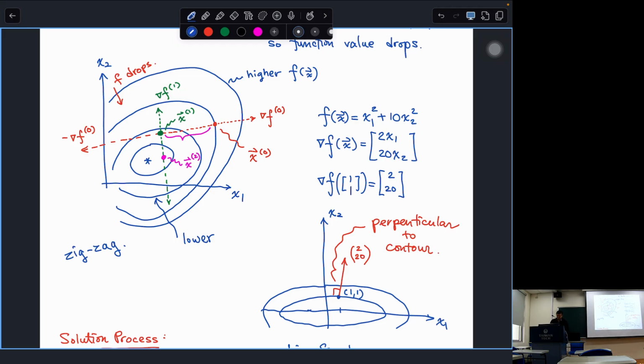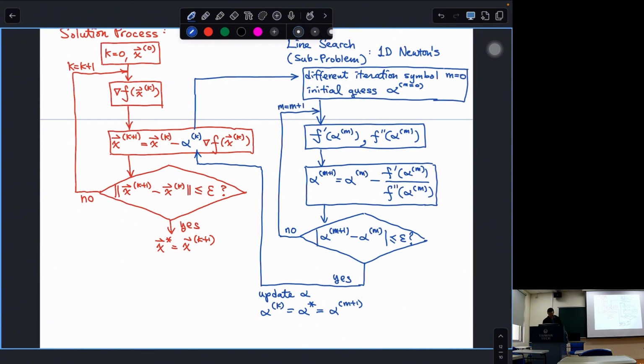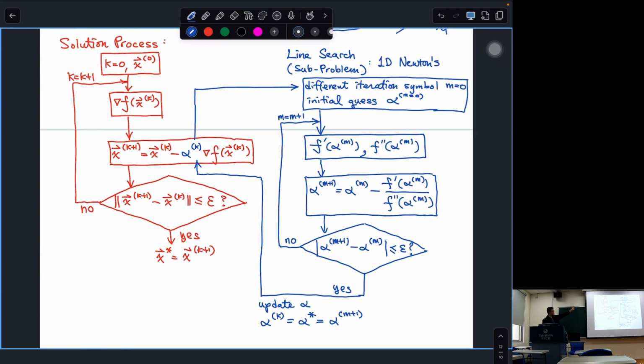That's why in this subproblem, it's a 1D problem. Alpha is the one-dimensional unknown. I know it's a little confusing.